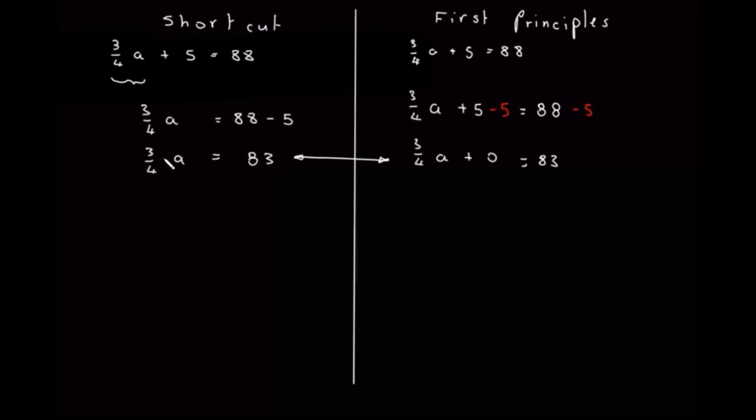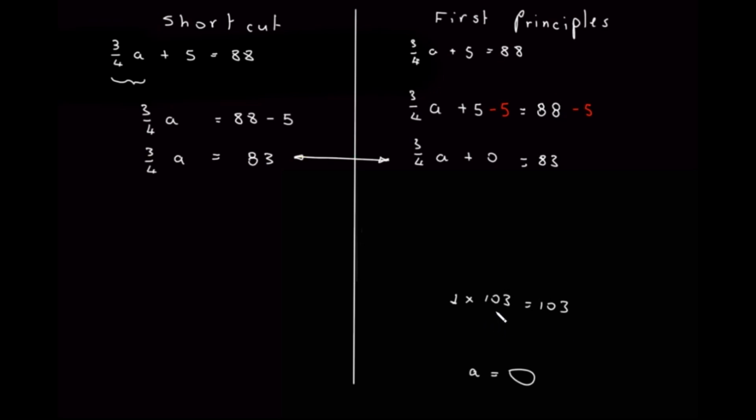Alright, now we've got to separate out the A, because the objective is to have one A on its own on the left of the equals and a number on the right. So we need to get rid of the 3/4 on the left. If we have, for example, say 103, and I multiply that by 1, it doesn't change it, it's still 103.